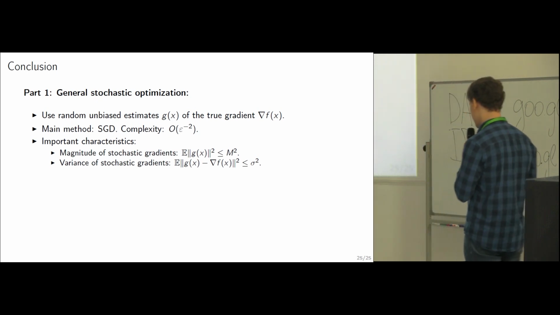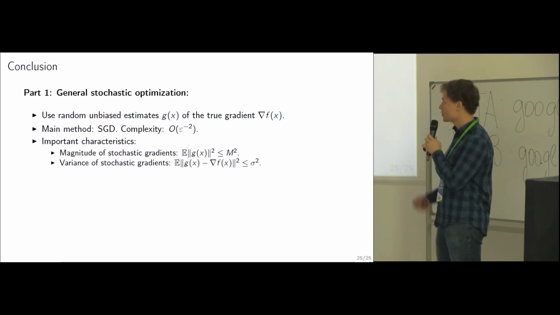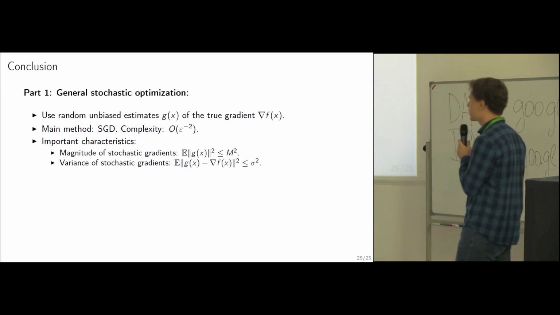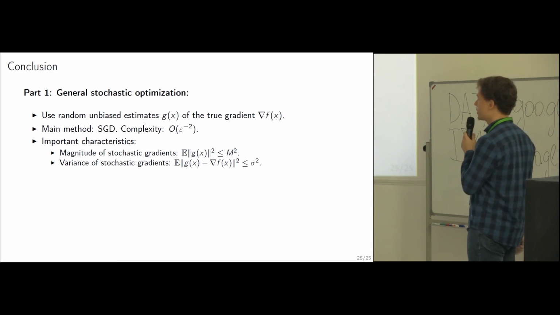So if we wish to design a stochastic oracle, and we wish to help this SGD method to converge fast, we need to look at these quantities. And we need to design such stochastic gradients so that these quantities, either m or sigma, are as small as possible.